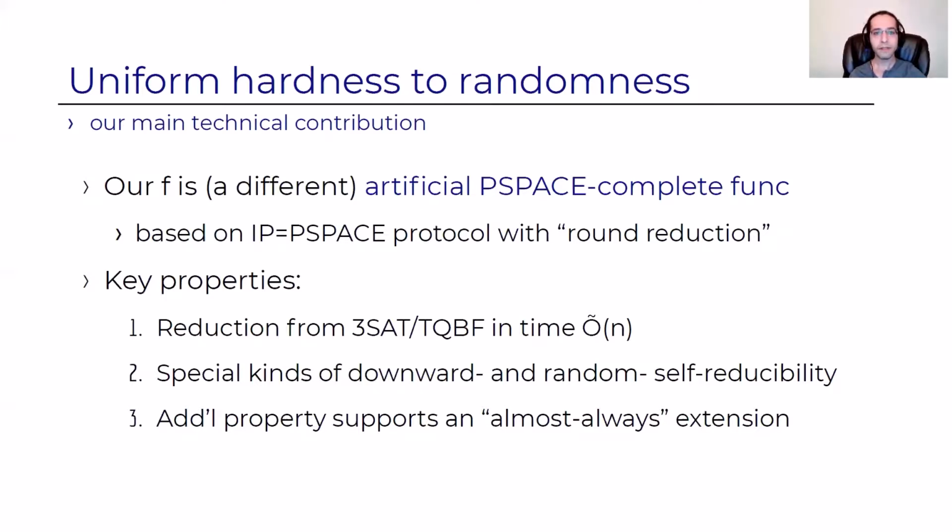And since this function might be useful for others or for other works, let me just mention some key properties that it has. Well, it has a reduction from TQBF in near linear time, in time Õ(n). It has specific and special kinds of downward self-reducibility and random self-reducibility that are useful for our particular proof, and it has an additional somewhat odd property that can support an extension of these results to an almost always version.